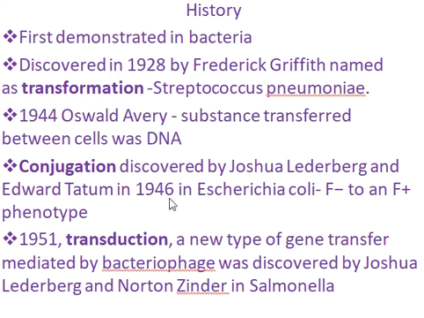Next, in 1946, Joshua Lederberg and Edward Tatum discovered the conjugation process. That is also something you know very well. Through conjugation, he explained the transfer of DNA from F plus to F minus, which becomes F plus.